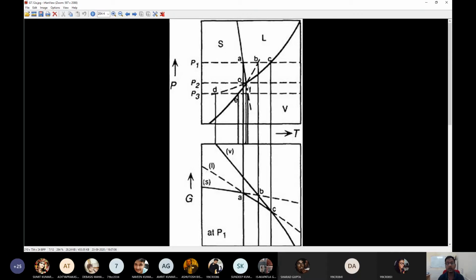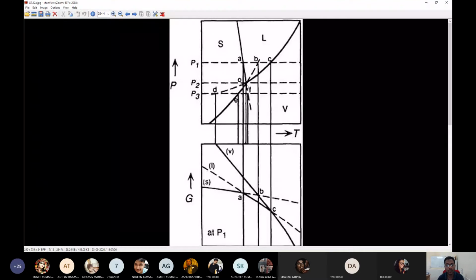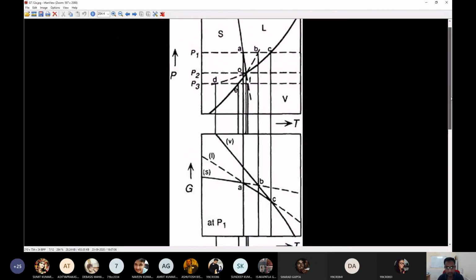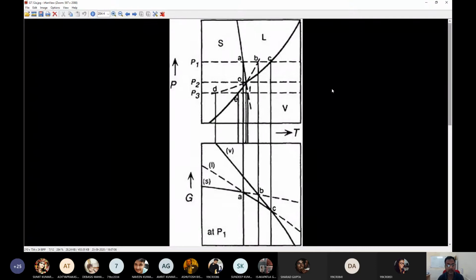All right, so in this, what we are trying to do is take a constant pressure slice at a pressure P1. We keep the pressure P1, and then we draw a line like this, which is a dotted line that you find here.